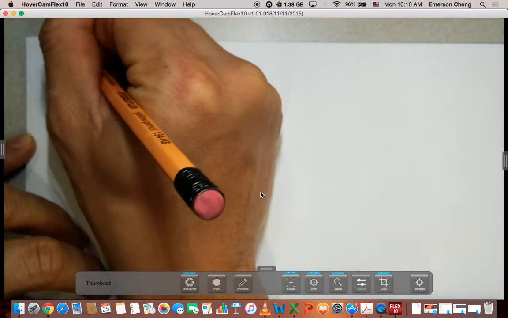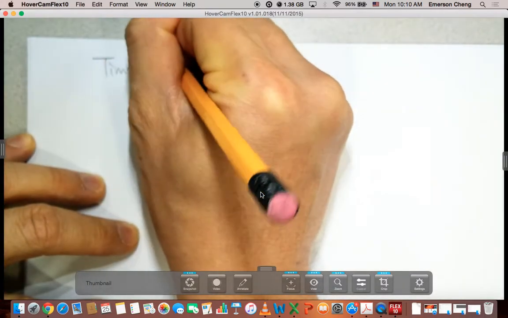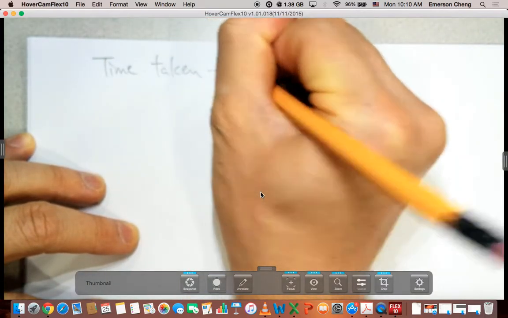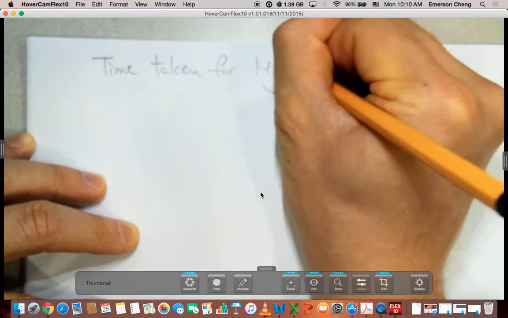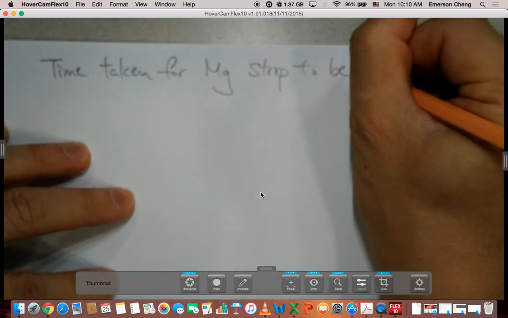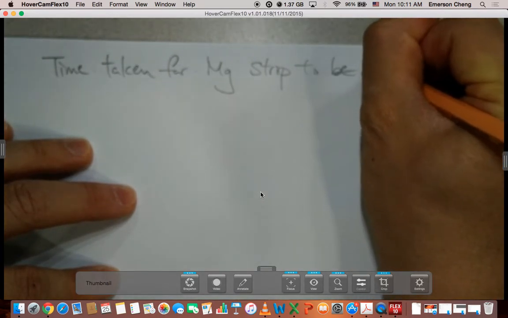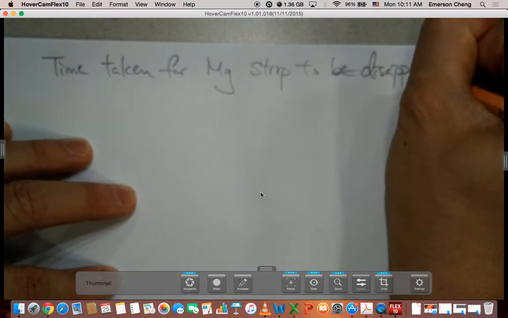For your title, you probably will write something like this: time taken for magnesium strip to disappear. It's not the best one, but that's one thing I thought of right now.